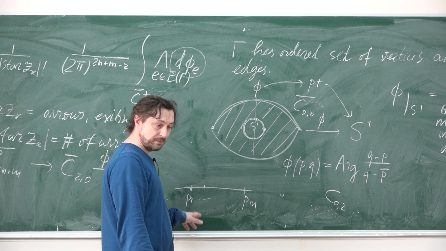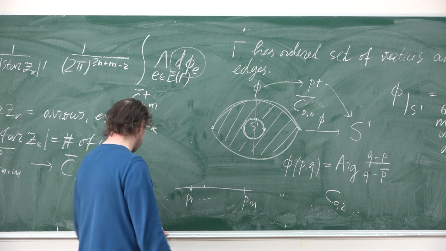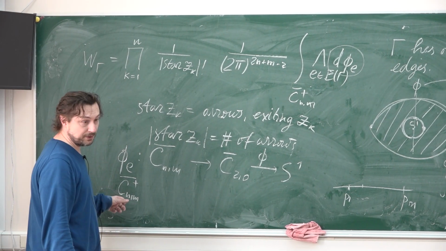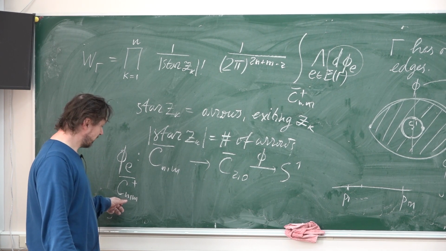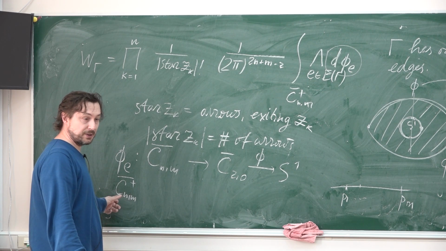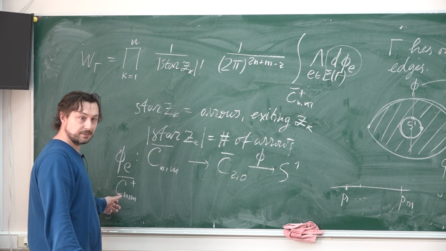The first one first, the second one second, and so on. And this gives you a path component of the space C and M bar. So we just restrict our attention to this path component. That's it.